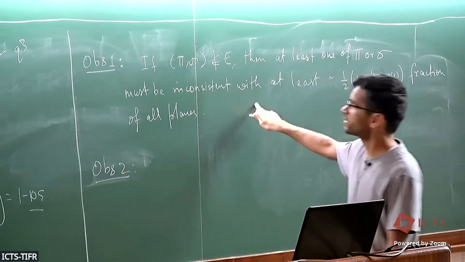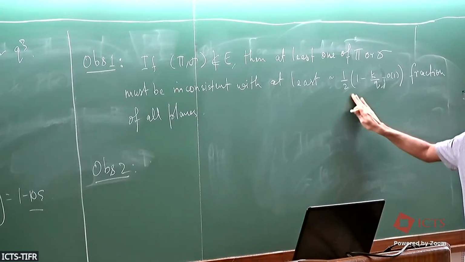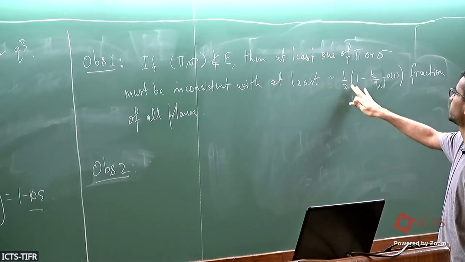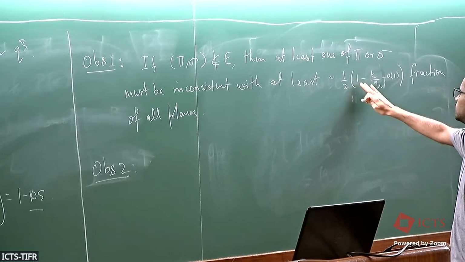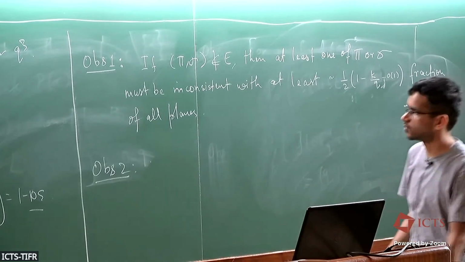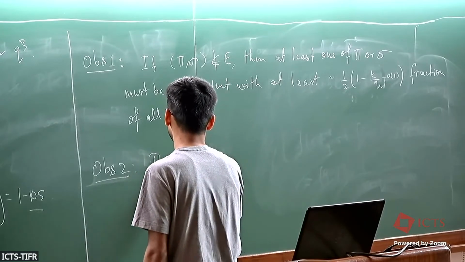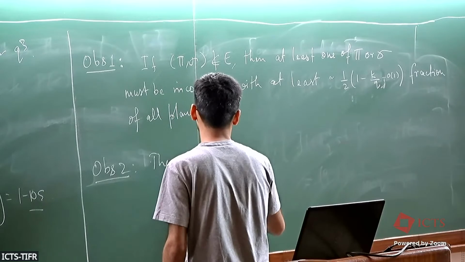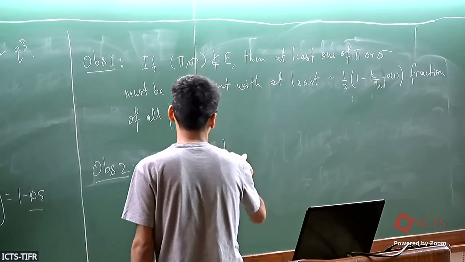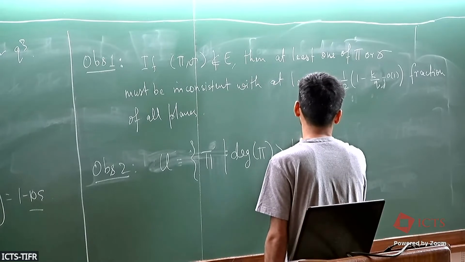Observation 2. So observation 1 implies that if you look at the set of all vertices with large degree, the degree of the other vertices will be at most half times 1 plus k over q, if something is inconsistent with half minus k over q. So let's define U to be the set of all pi such that the degree of pi is greater than half times 1 plus k over q.